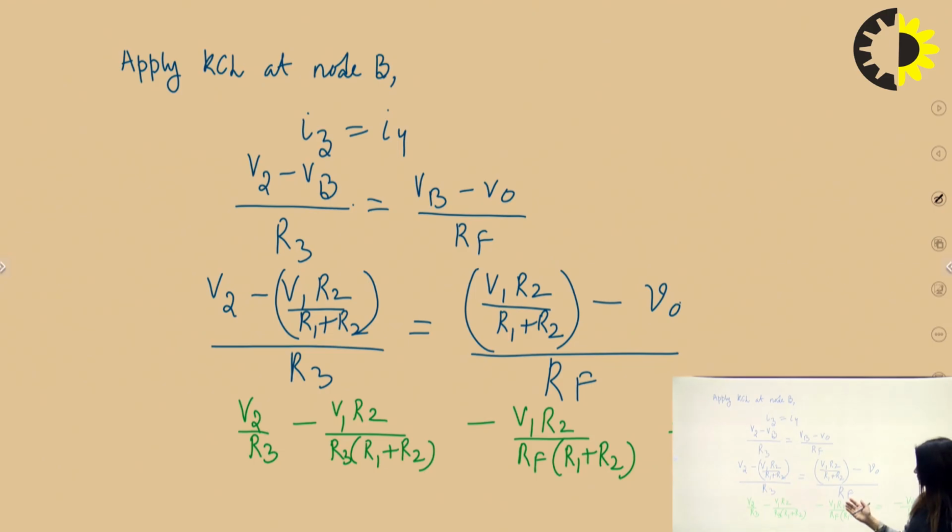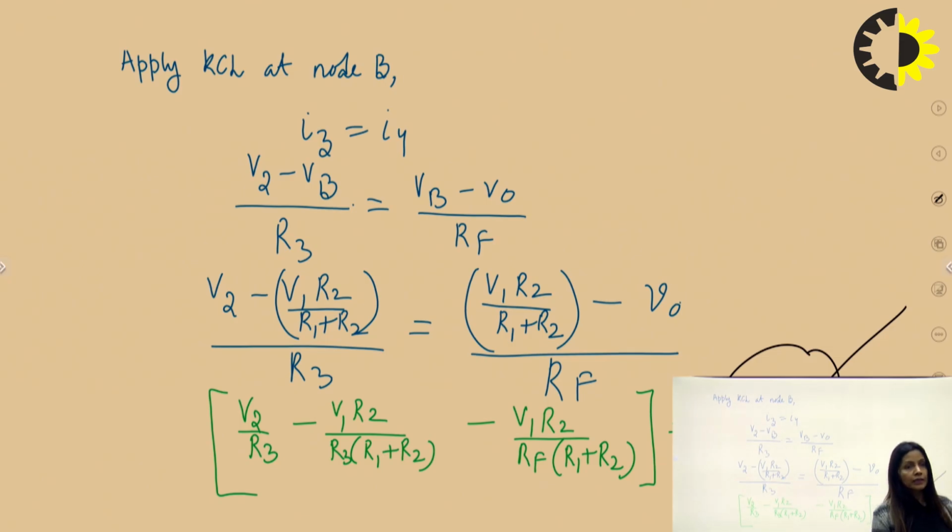Put this RF here, and from this particular circuit we can calculate the equation. From this equation we can calculate the output voltage VO.